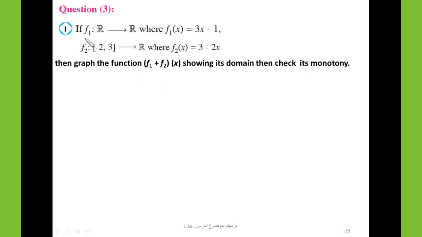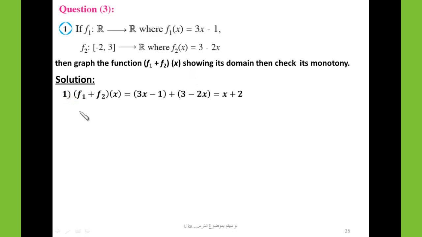So f1 is a function from R to R. Here is the domain, and R here is the codomain. And the rule of f1 is 3x minus 1, and the rule of f2 is f2 of x equals 3 minus 2x.